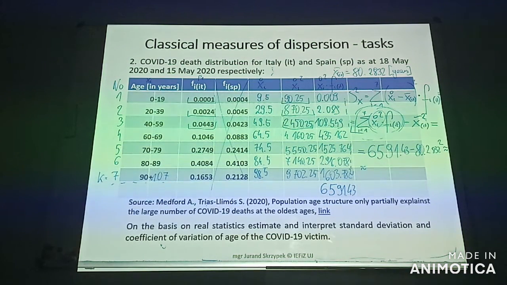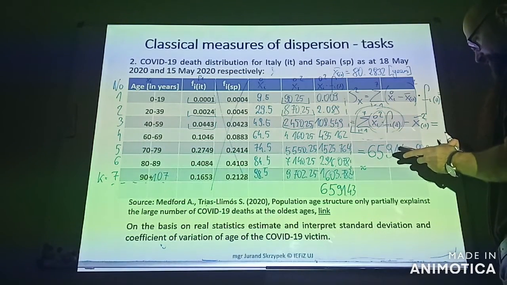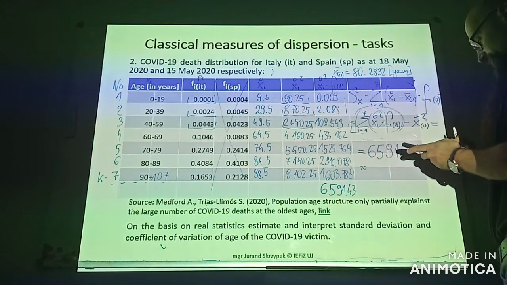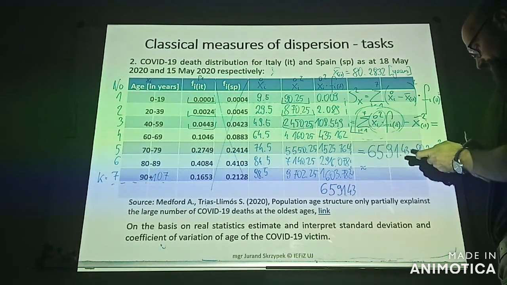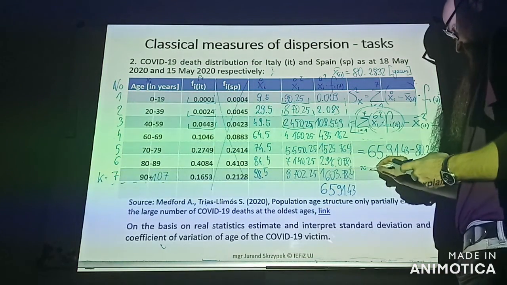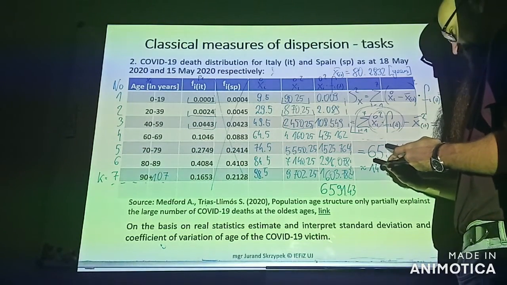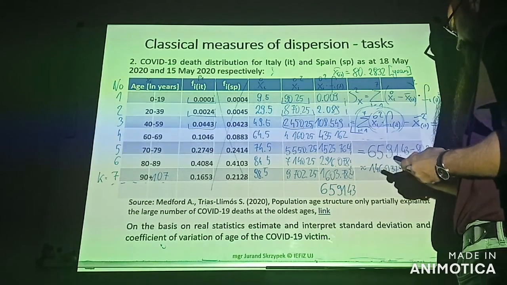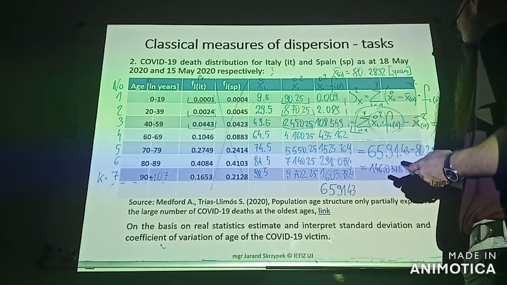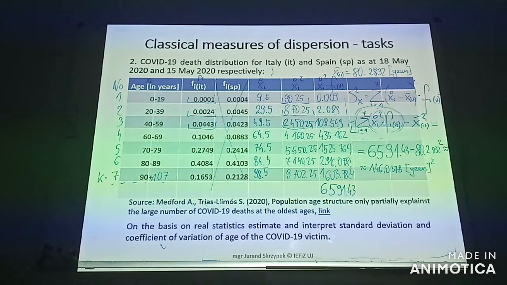And the final result is 6,591.43 minus 80.2832 squared. And the final result is 146.0378 years squared. Yeah, years squared.